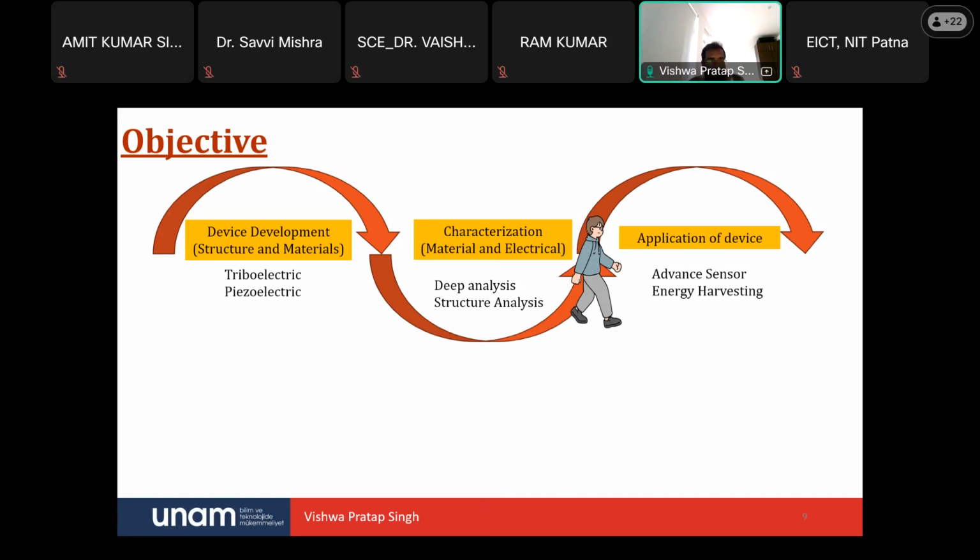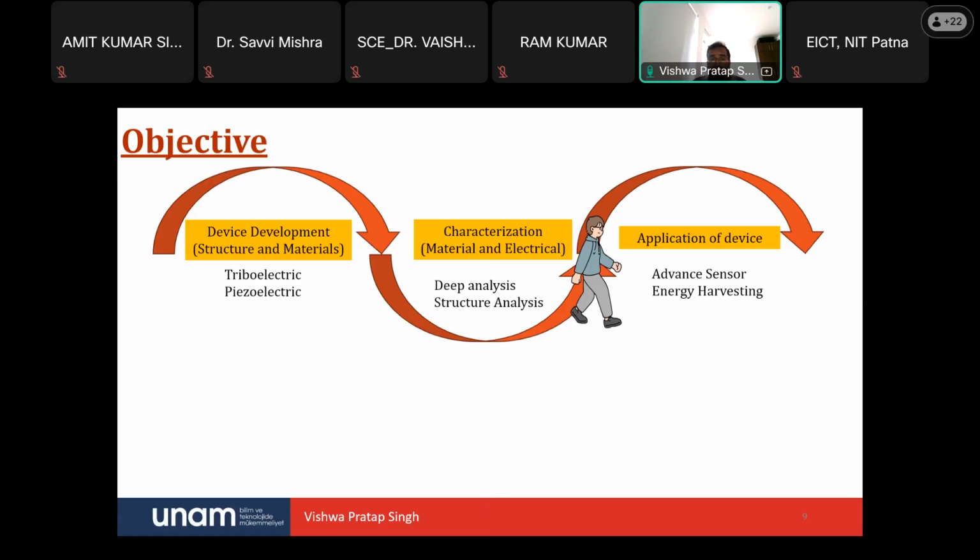Let's say in some applications like tactile sensing, you don't need a higher amount of voltage, you just need a very small signal so you can sense it. But in some other cases, let's say energy harvesting, you need a higher amount of charge as well as voltage.